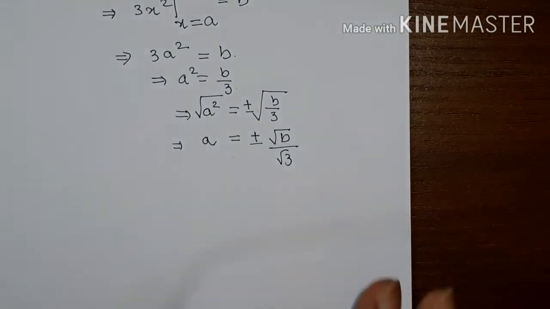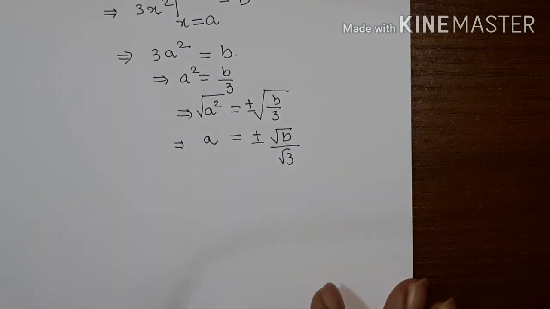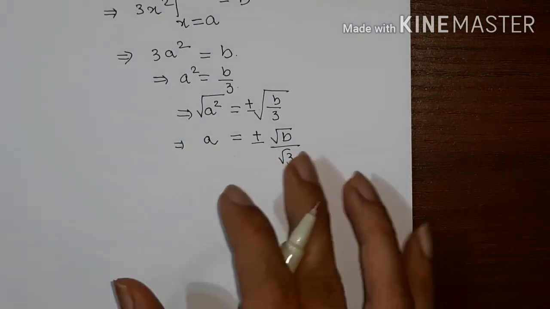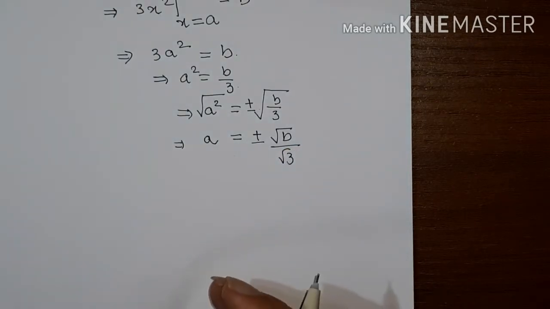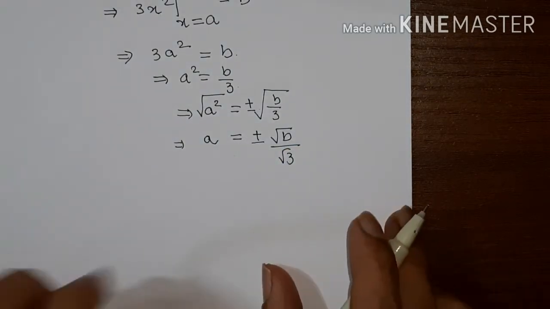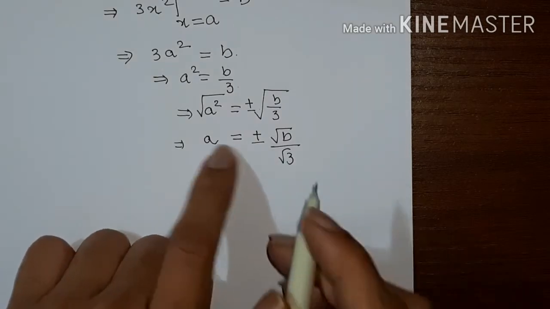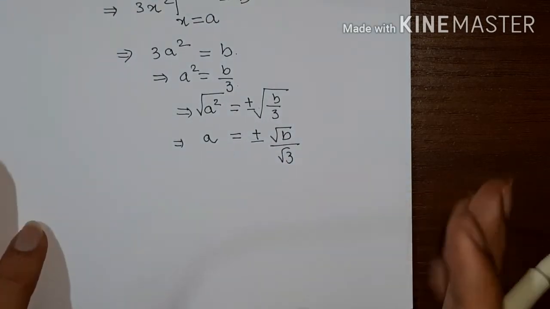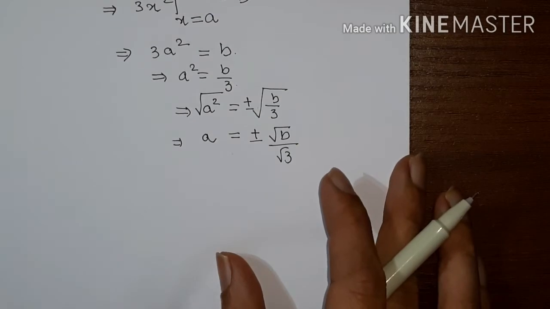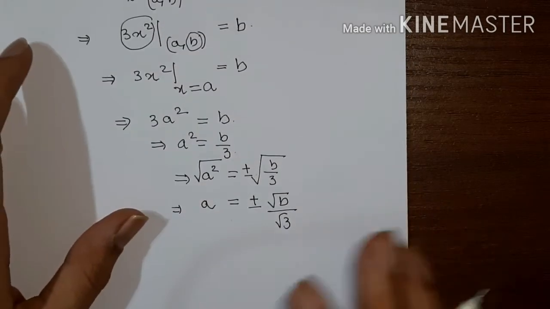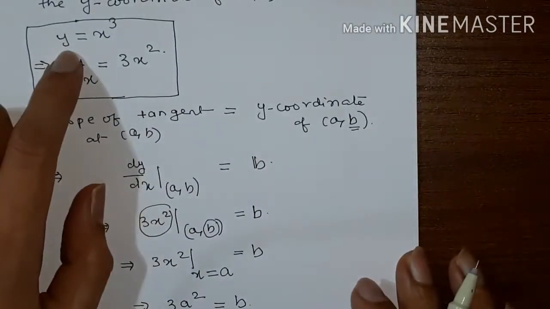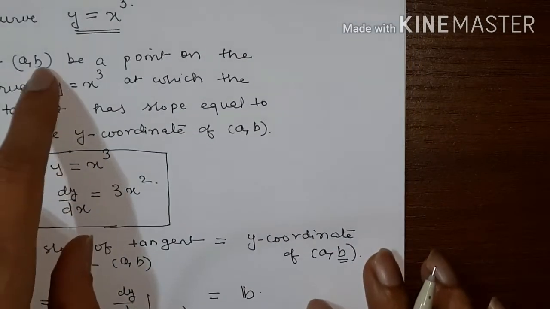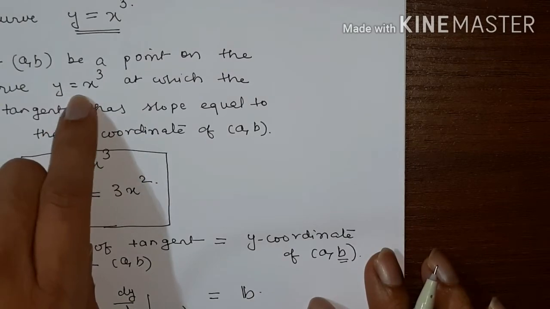Now what we have to find is the point a comma b, so we have to find this a and b. This one condition is not enough to find a and b, so we have to search for a second condition. The second condition we can use is that a comma b is a point on this curve.